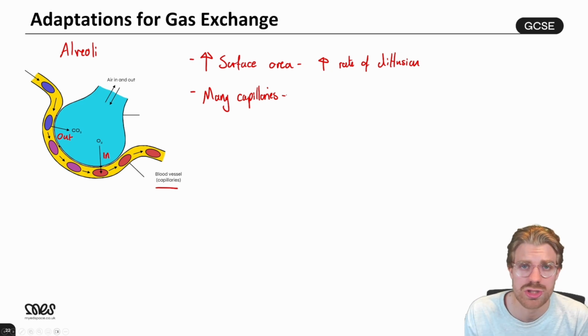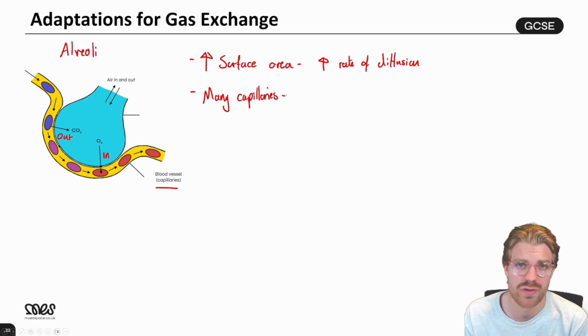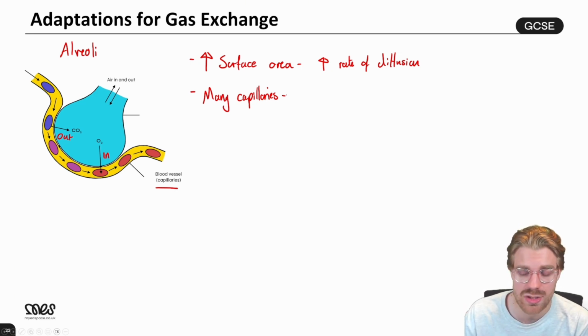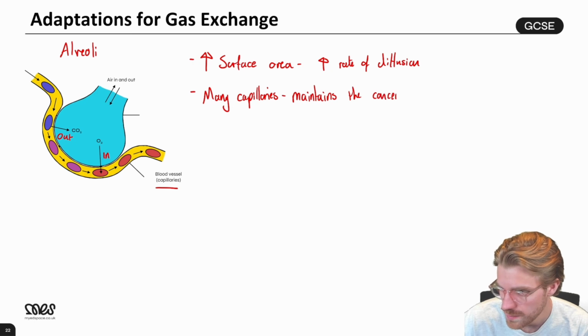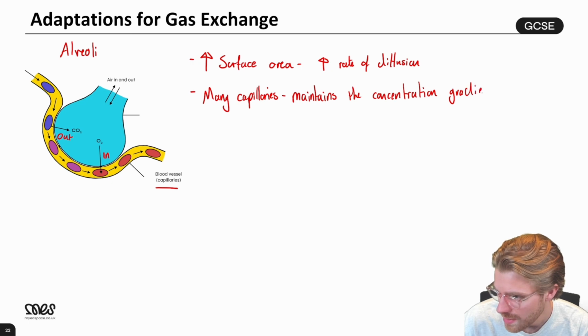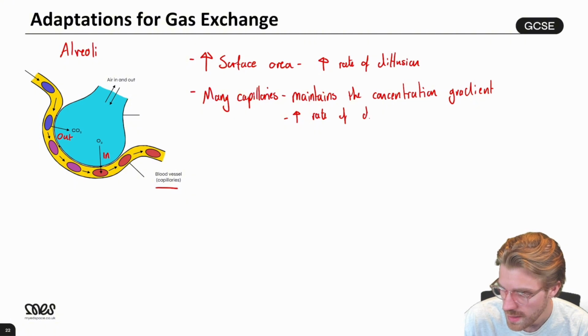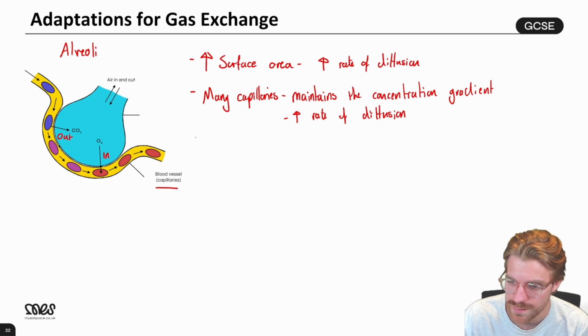So as soon as the oxygen is absorbed, it is transported away, which means that oxygen depleted blood, or blood that has a low concentration of oxygen, is constantly surrounding the alveoli, and that maintains the concentration gradient. So we can say that it maintains the concentration gradient, and that is going to increase the rate of diffusion. This is how we get the marks in the exam, by saying maintaining the concentration gradient.